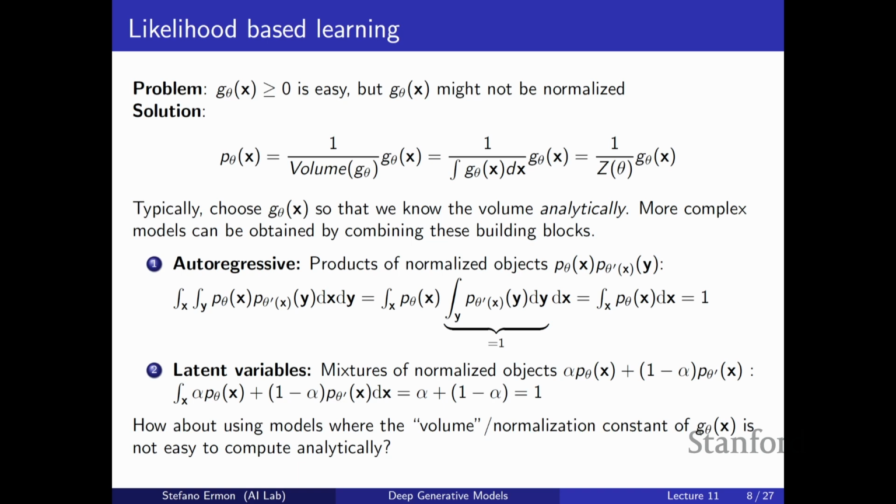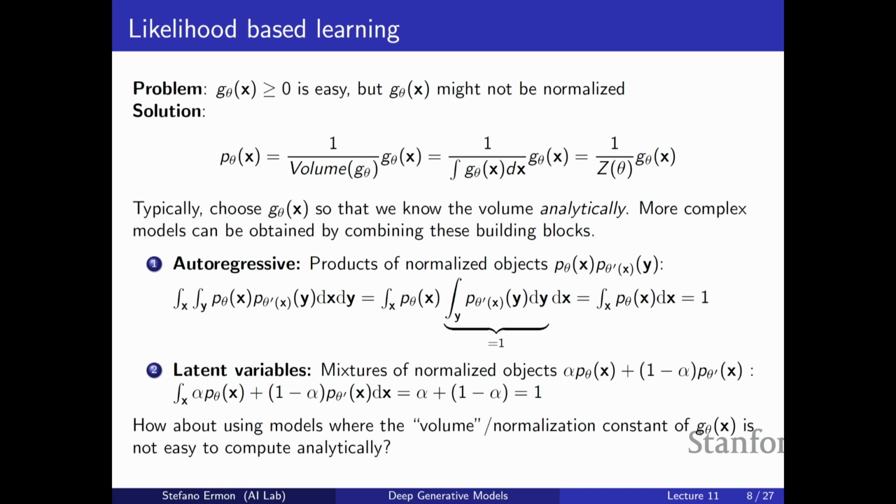So what energy-based models do is they try to break this constraint and go beyond probability densities or probability mass functions that are guaranteed to be normalized because the normalization constant is known analytically.